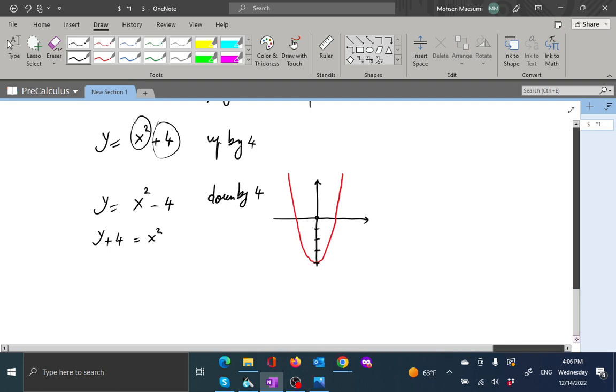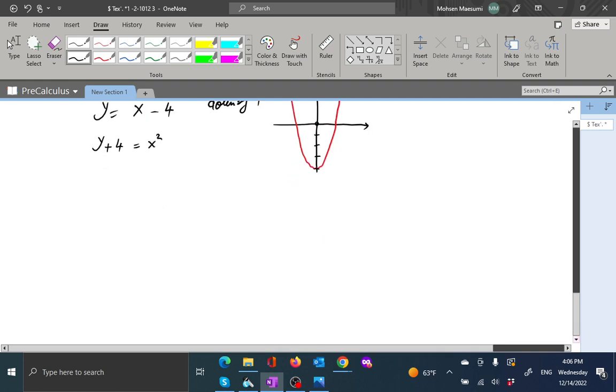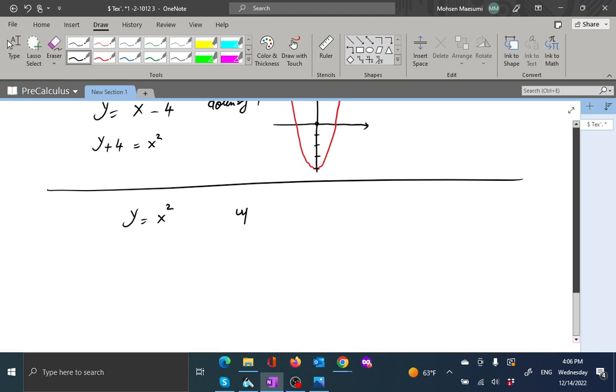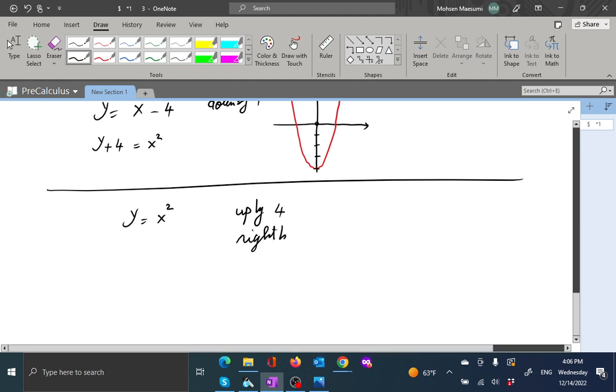Sometimes you might want to do 2 shifts. What if I have y equal to x squared? I want to go up by 4 and right by 3. Up by 4, that means y minus 4 has to be x squared.